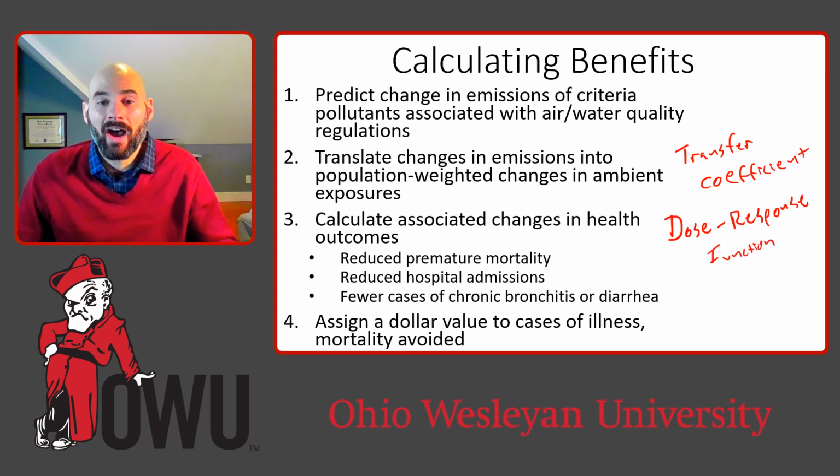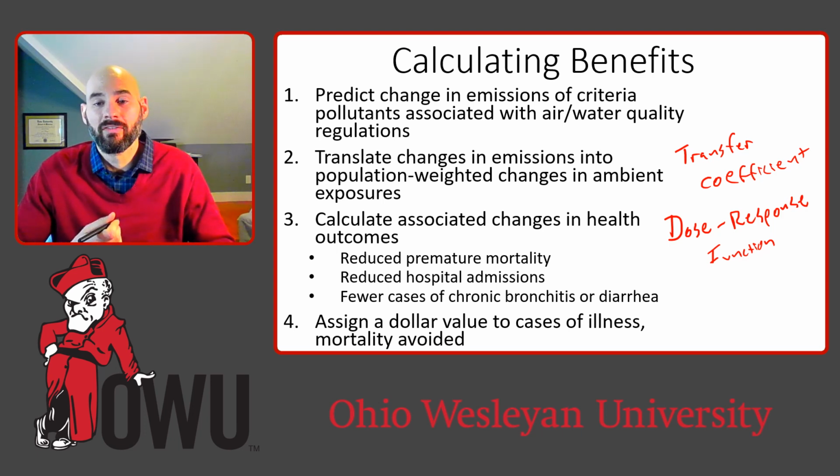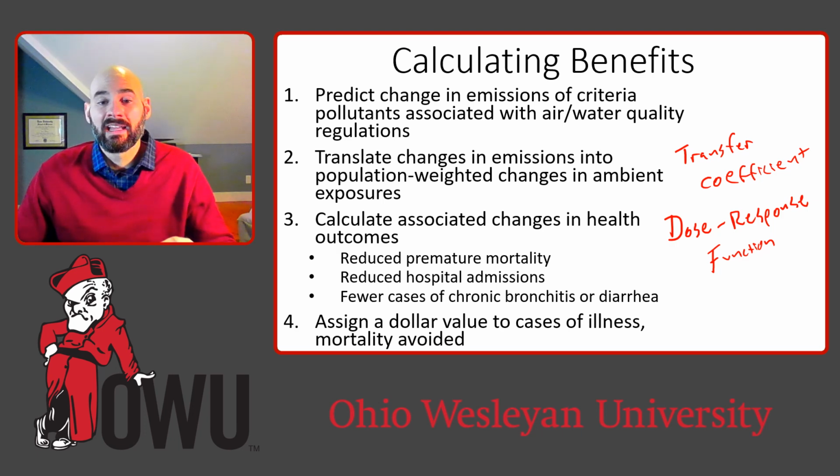And once we know how the health outcomes change, how many fewer cases of a particular type of disease, or however fewer deaths are created by that change in exposure to pollution, we can then multiply that number of health outcomes by the dollar value associated with that case, whether that is of illness or of death, and that's going to be our damage function.